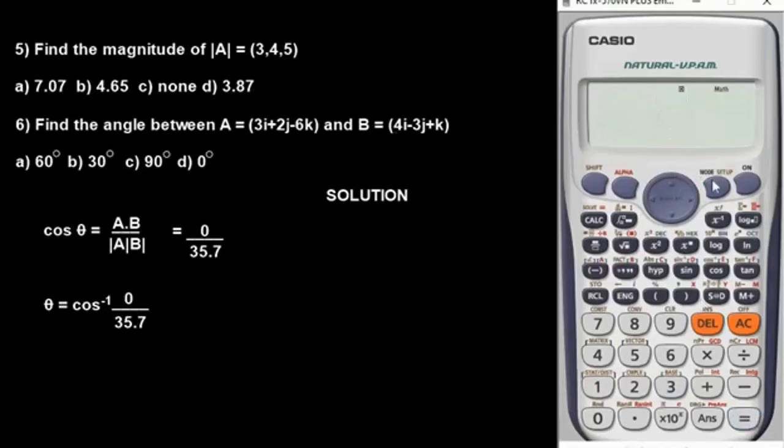Let's go back to vector mode, category 8. So vector A, press option 1. Enter dimension, press 1. So input the values. We have 3, 2, and -6. Very, very simple. So let's wipe out these values knowing that they are already stored in the calculator.